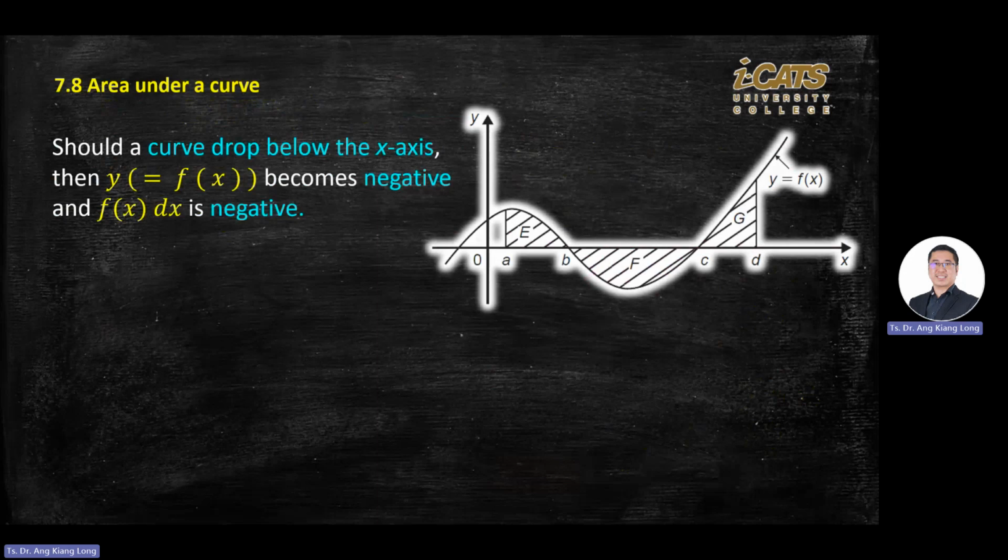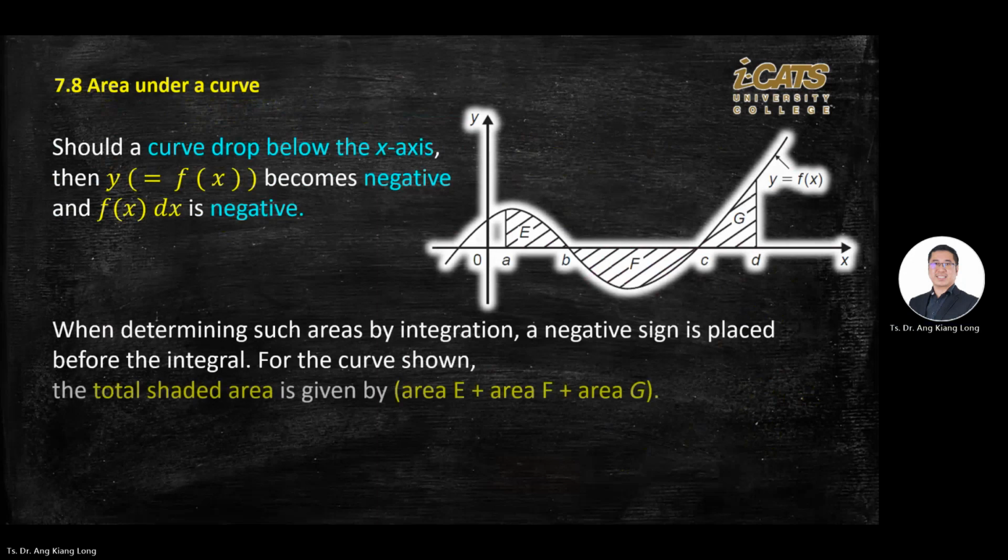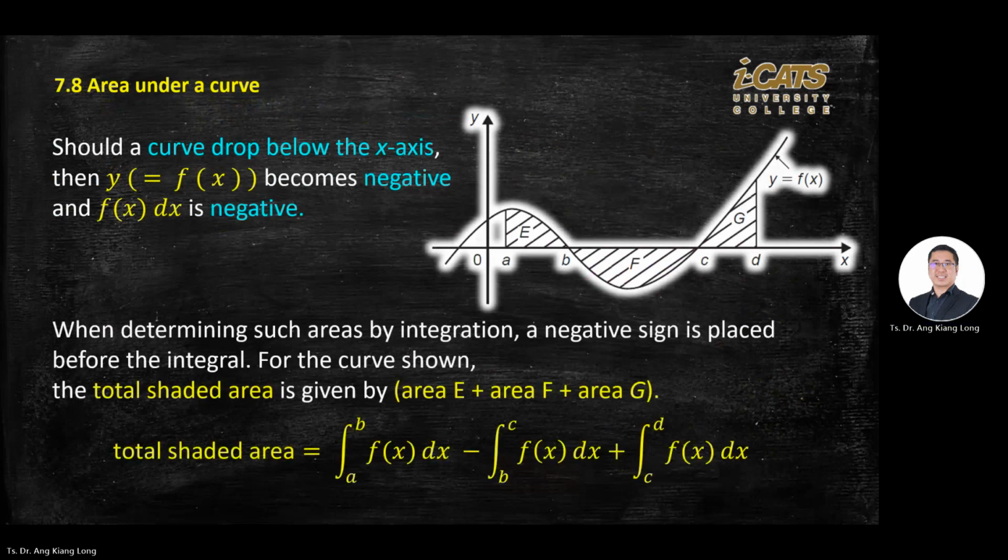So as you can see here, area E is positive, area F is negative, area G is positive. So how do you write if you have this kind of graph? You write total shaded area equal to the same function.